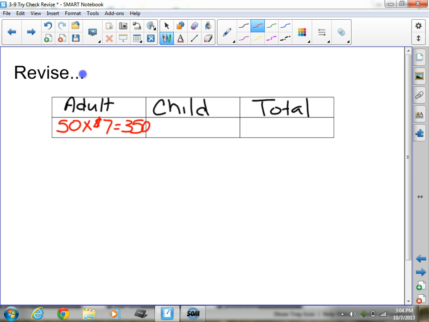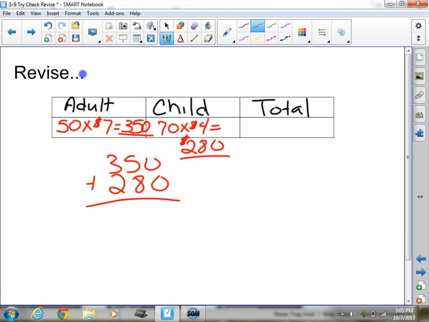That means there would be 70 child tickets at $4 each, which equals $280. So we take 350 plus the 280 to get our total amount spent. 350 plus 280. 5 plus 8 is 13. So that's $630. Now we are still trying to get to 720, so we're getting closer, but we're not there yet.